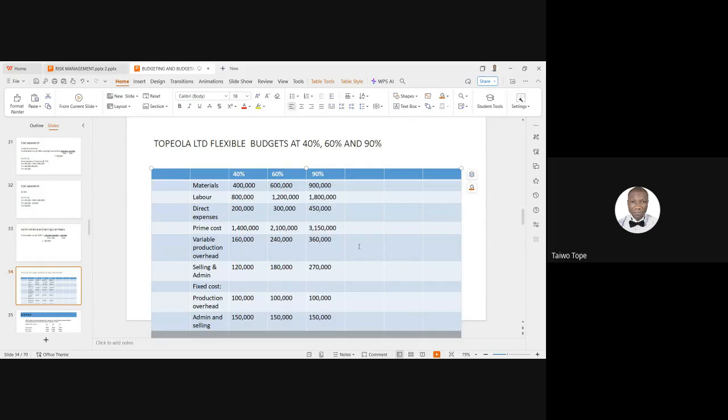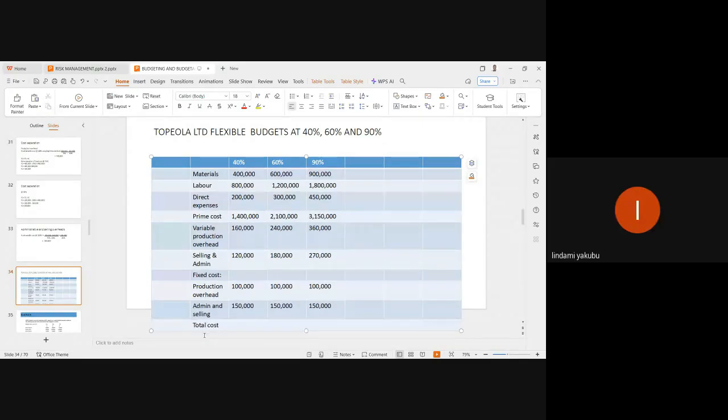At 40% activity level, it will be what? 530,000. Total cost, 550,000.